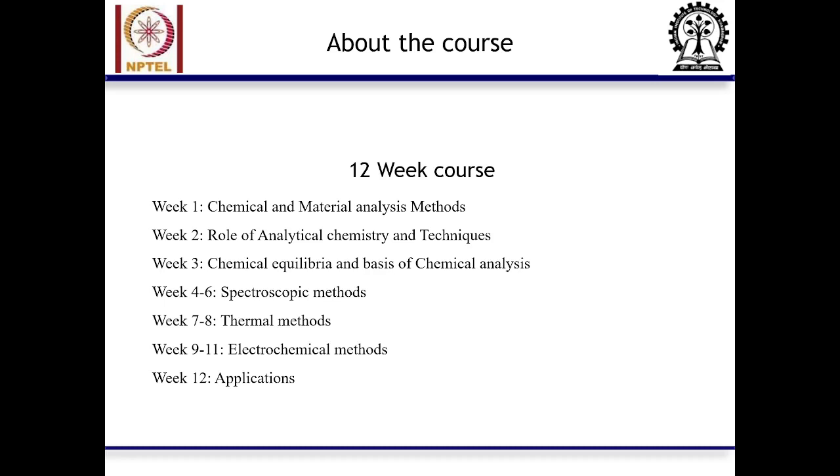From week 9 to 11, we solved the problems based on electrochemical methods. There we saw different kinds of electrochemical techniques like cyclic voltammetry, different kinds of voltammetry and amperometry, and the applications of these techniques in analytical chemistry. And today is the final week, where we will see the applications of analytical chemistry.